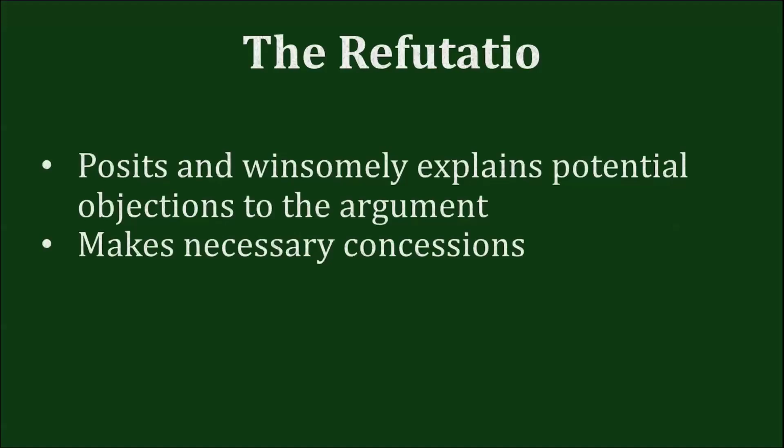However, maybe there's something that your opponent gets right. There will be something that your opponent gets right. Maybe at least there's a concern that they have that's valid, and it's important that you validate those things, that you highlight what you agree with, what you sympathize with in your opponent's objection. That is seriously going to build credibility with the reader.